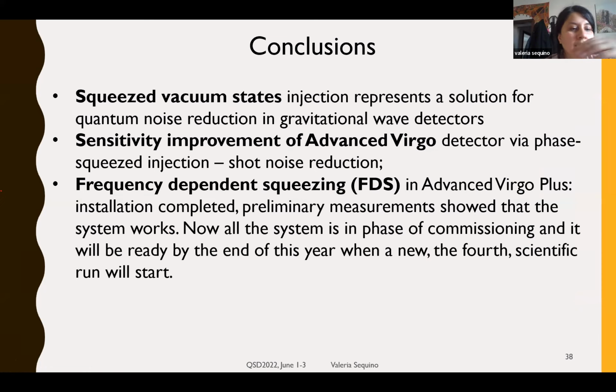Now, to conclude, what I showed is how we use squeezed vacuum states to solve the problem of the quantum noise in gravitational wave detectors. I showed that this was successful for Advanced Virgo, showing a reduction of shot noise.